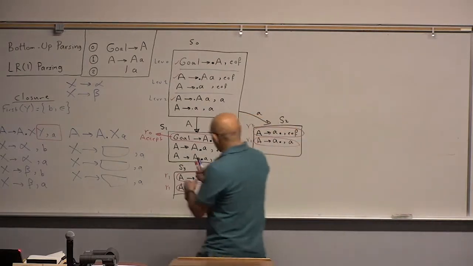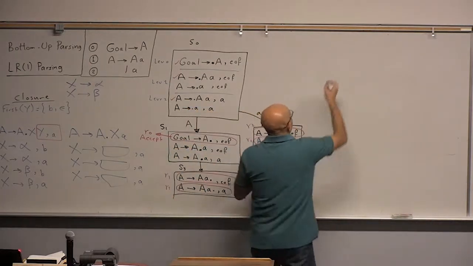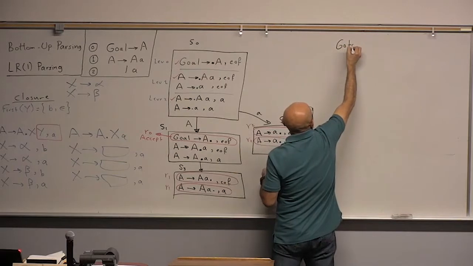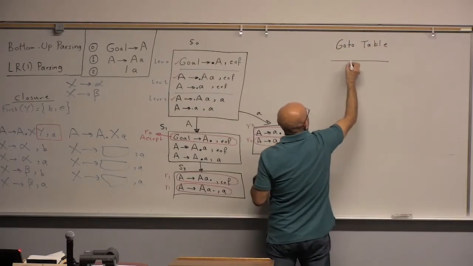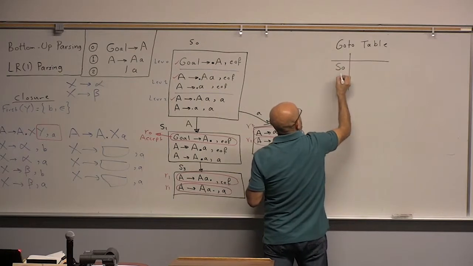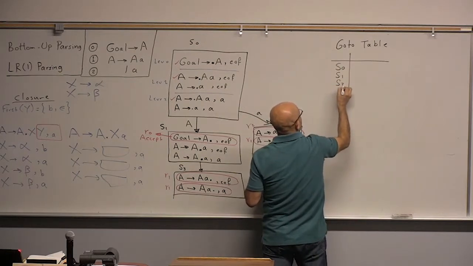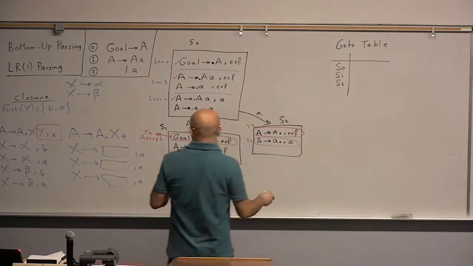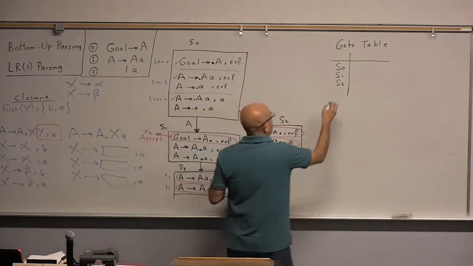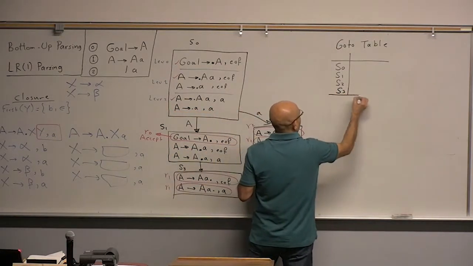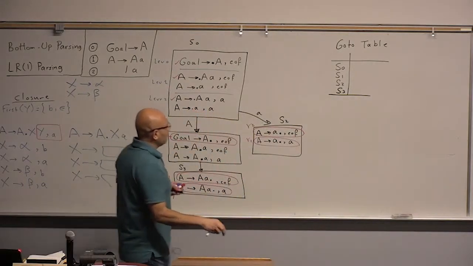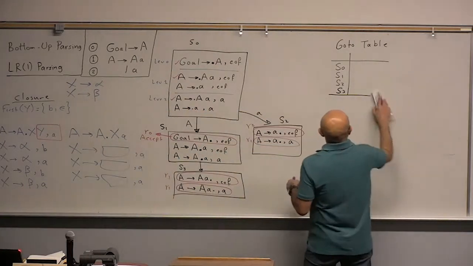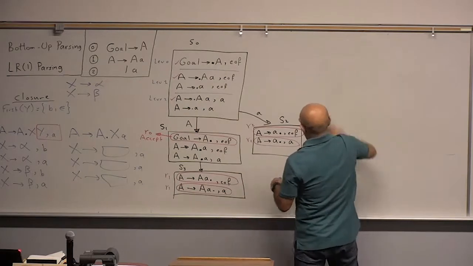So the go-to table is very easy here. The go-to table is going to have the states, and we have 4 of them. Let me move it a little bit so that I can have more space.